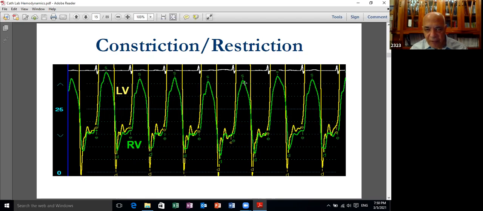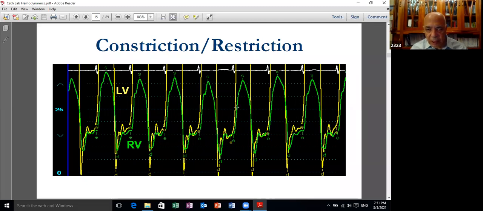If it exceeds 50, it's more in favor of restriction rather than constriction. And usually, the end diastolic pressure, which is the pressure immediately after the inscription of the P wave, or which is simultaneous with the inscription of the QRS complex, is usually about a third of the systolic pressure.